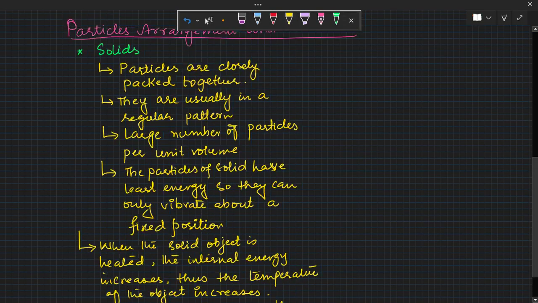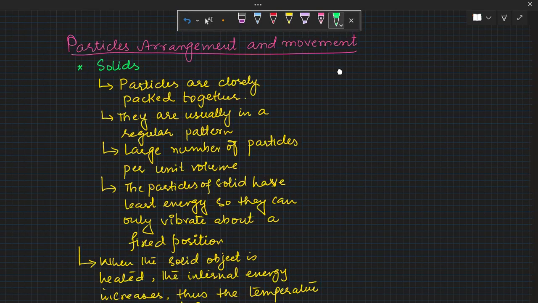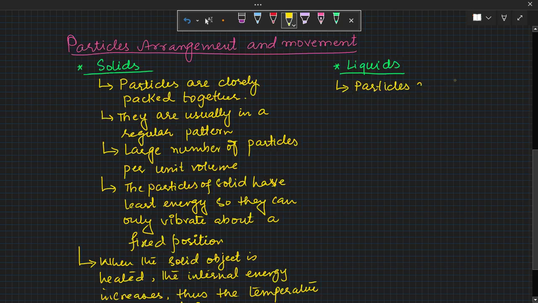Now, if I talk about liquids, in liquids the particles are slightly further apart than in solids, right?